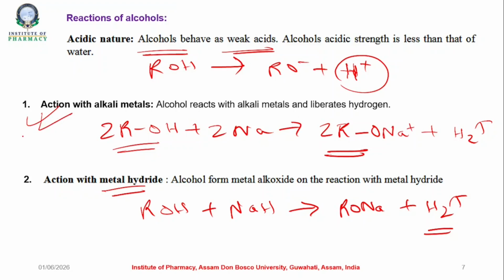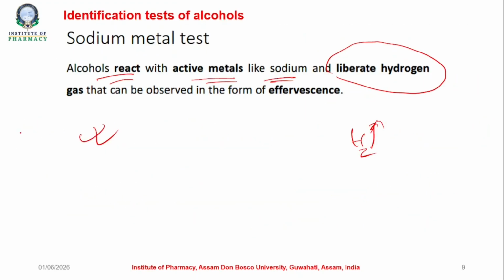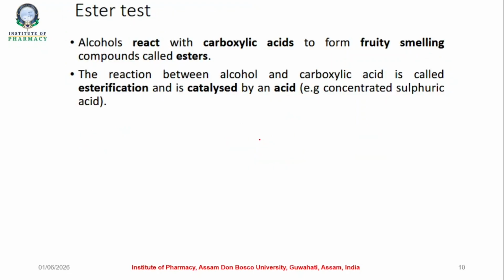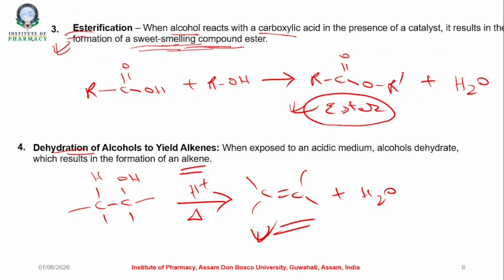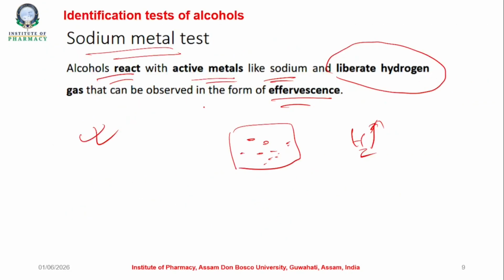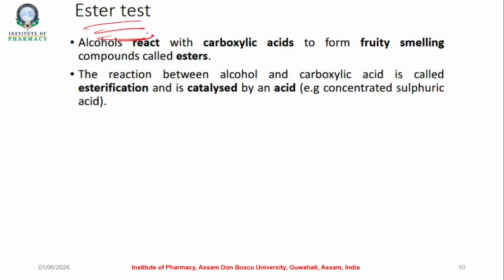This is also one of the identification tests for alcohols, called the sodium metal test. And this hydrogen gas which is liberated gives effervescence in the solution. The next test is the ester test, which we have discussed just now. This reaction, the esterification, is also an identification test called the ester test.